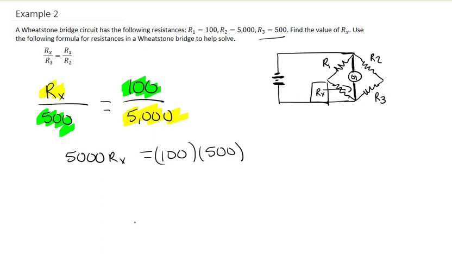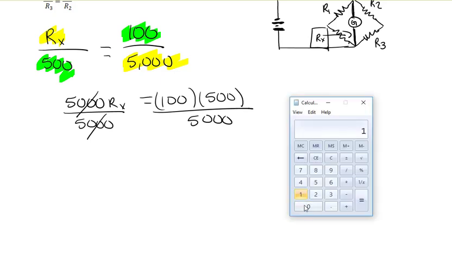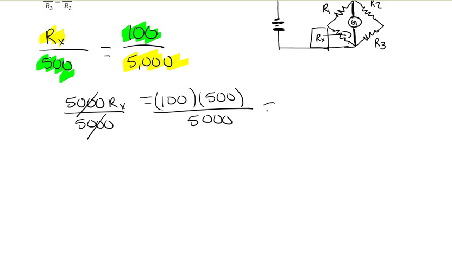Then to get Rx by itself, we're just going to go ahead and divide by 5,000 on both sides. And now we're just left with it on the right hand side. And so we can find Rx by first getting our calculators out. We're going to go 100 times 500, and then divide by 5,000. And we're left with 10. So Rx is equal to 10.